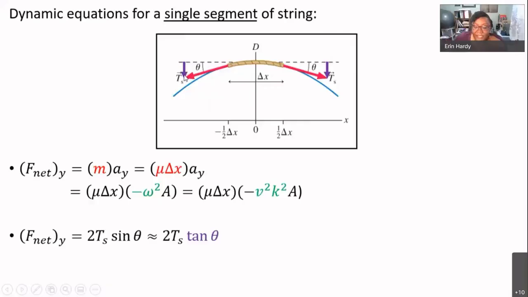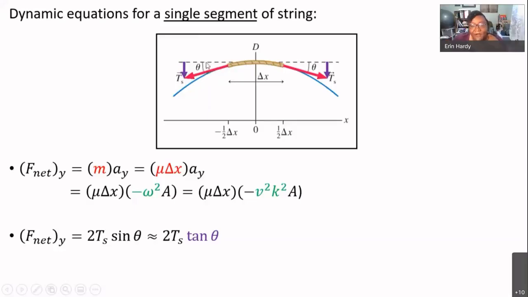Next, I can always determine or express the net force acting on some object in two ways. First, by taking the mass of that object and multiplying it by the acceleration. The other method is to add up all of the forces acting on that object. Since we're just talking about the y direction, the tension in the string is oriented down and to the left on the left side of the string and down and to the right on the right end.